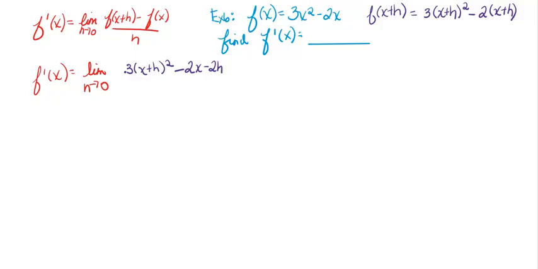Hopefully that will simplify the process a little bit. Minus my f of x, which is the blue one over here. So let's change my color and write minus 3x squared minus 2x. And then all of this is going to be over h.